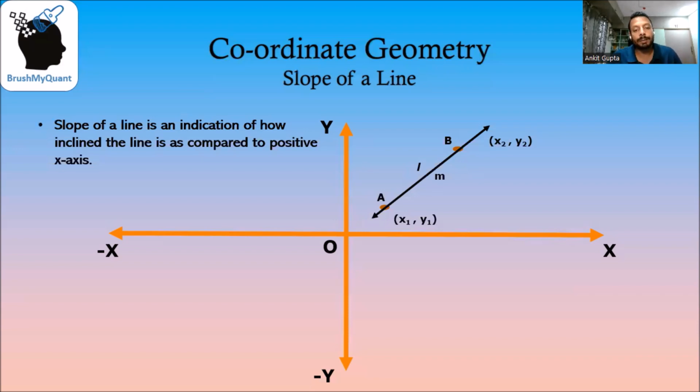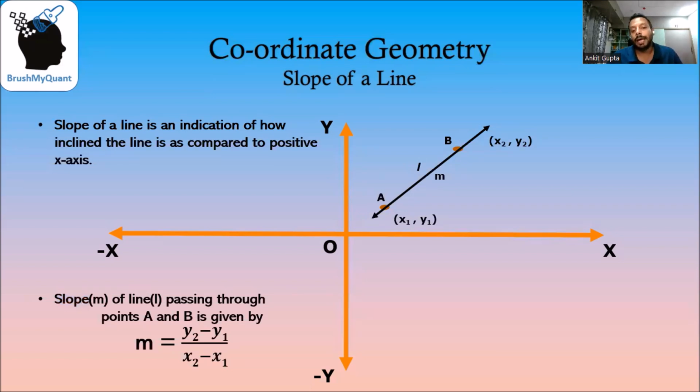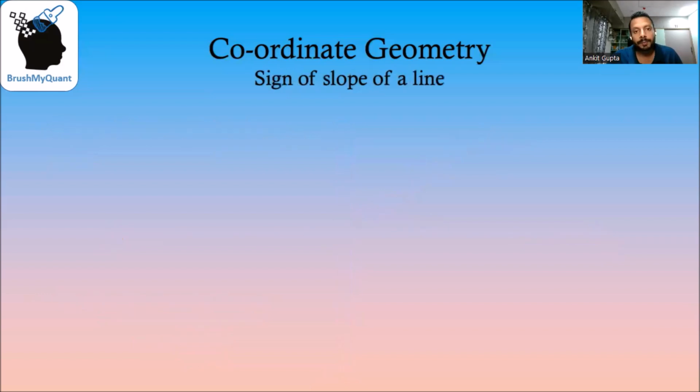And the slope can be found using the formula m is equal to (y2 minus y1) divided by (x2 minus x1). This is also known as rise over run. That means increase in y divided by increase in x. If you want to know how this formula is derived, then I have provided a link to a video for the same in the description of this video.